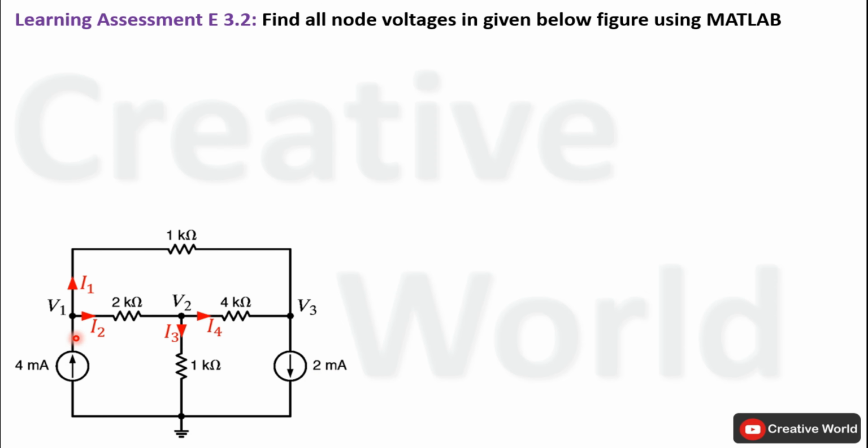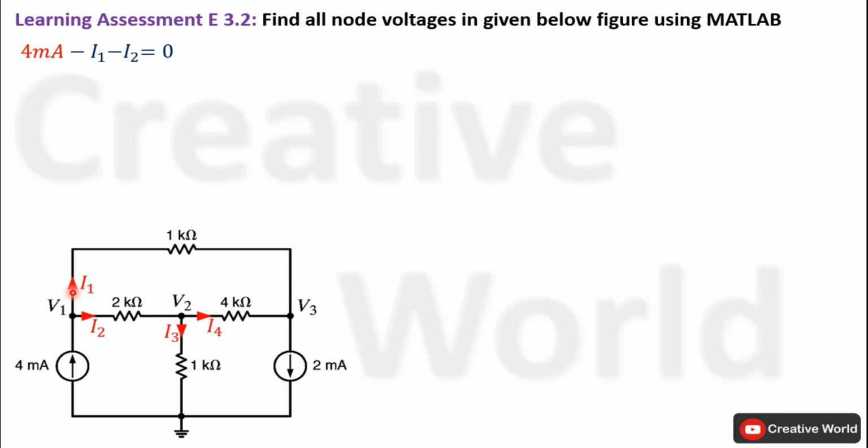First of all, we will apply Kirchhoff's current law on this node. On this node, one current is entering, that is 4 mA, and it is taken with a positive sign, while 2 currents are leaving, I1 and I2. Now we have to replace these two currents with their respective equations. Current I1 will be equal to the voltage across this 1 kΩ resistance divided by the value of the resistance.